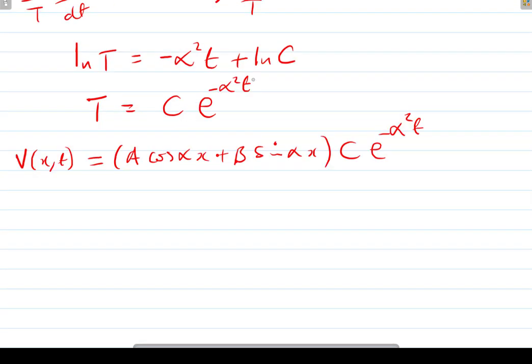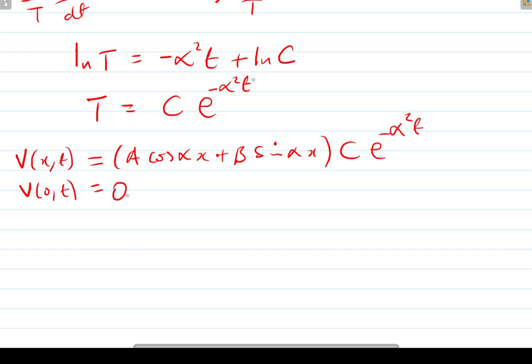Remember, we have conditions that are given, so we are not yet done. Let us first use the condition that when x is 0, v is 0. We are told that v of 0 comma t is equal to 0.